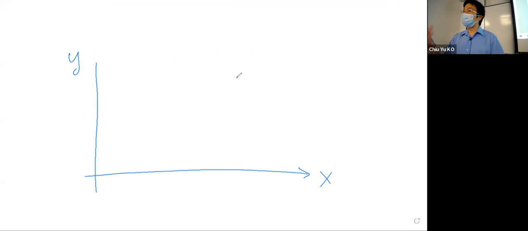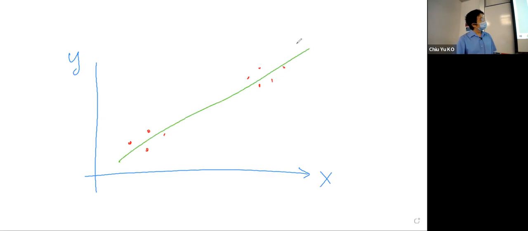I hope everyone knows how to plot this in the scatter plot here. So as you will see, if the data looks like this, okay, we know this is already positively related, right? Because this is something you will see like this, right? Okay, and you can draw a line there to represent it.